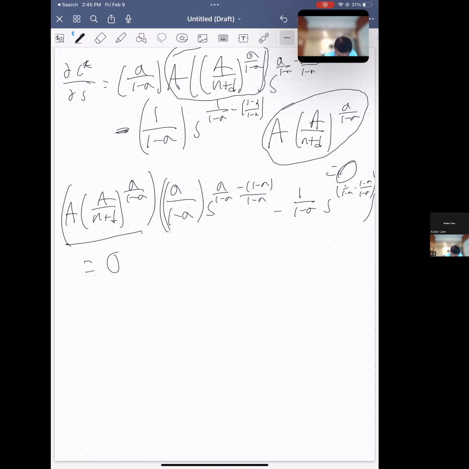So now if we divide this on both sides, we should just get A 1 minus A S A plus A minus A. Now we have 1 minus A S, 1 minus A, 1 minus A, 1 minus A, and this is equal to 0.